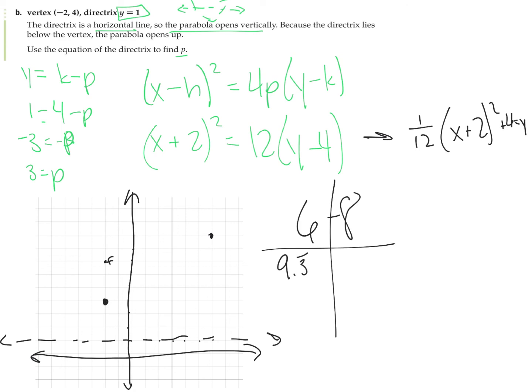Negative 6 squared, 36, divided by 12. 3 plus 4, 7. Hey, that's a prettier number. I should have picked that to start off with. We're a little off the charts, but then we need to go up to 7.